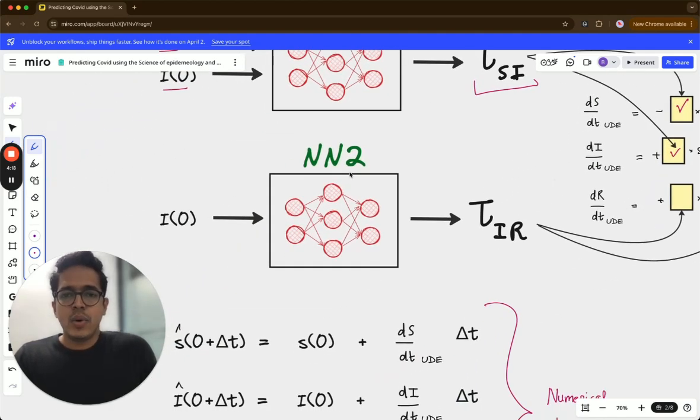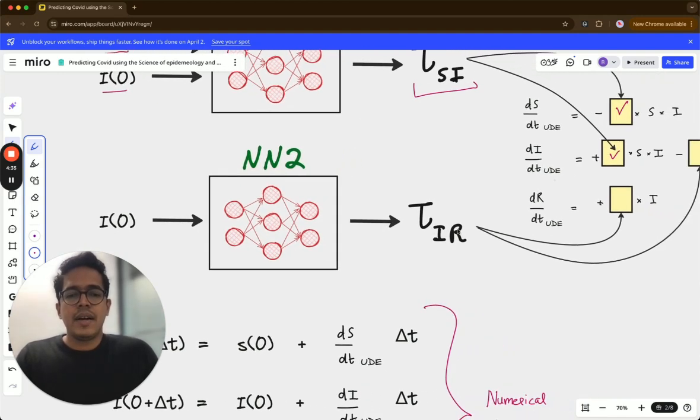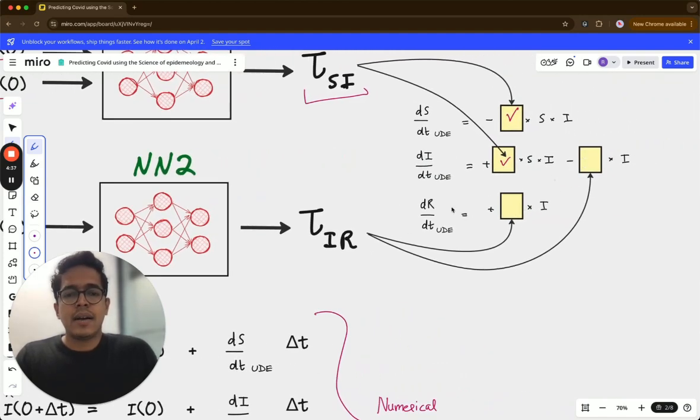Similarly, the neural network 2 gets the infected population as the input, and given I of 0, it is supposed to predict the tau IR term, the infected recovery interaction term. So this is the neural network 2. And where does this go? Tau IR that is predicted by the neural network 2 is used here and here in this system of ordinary differential equations.